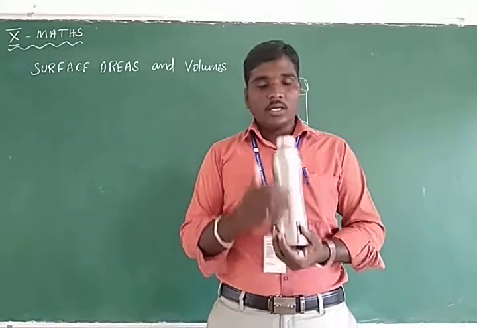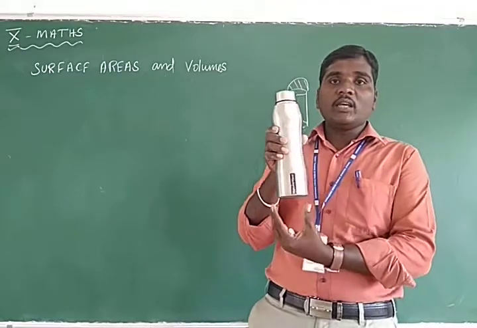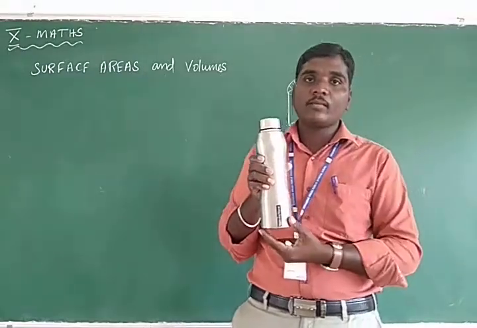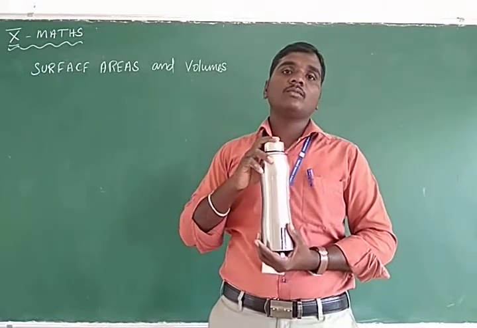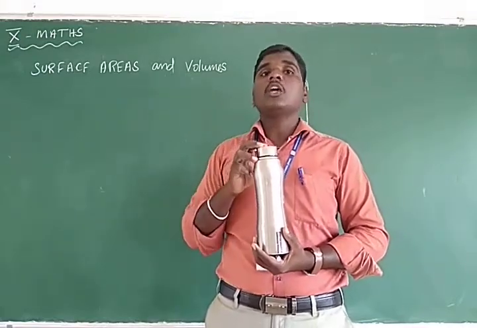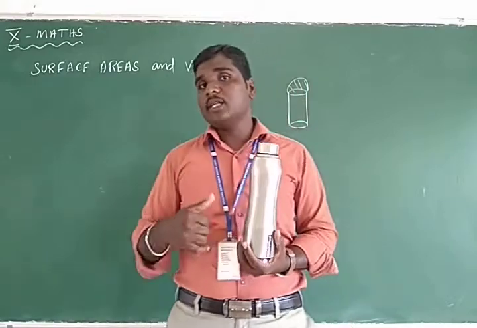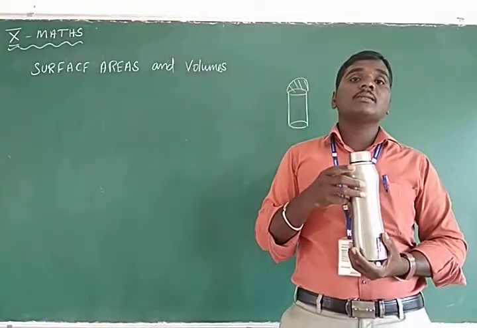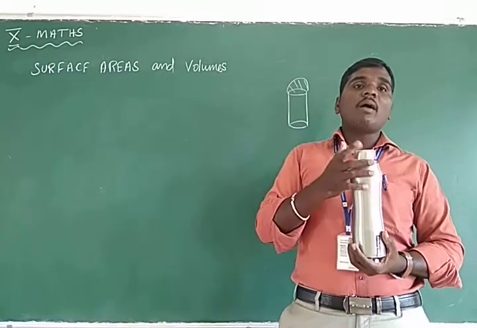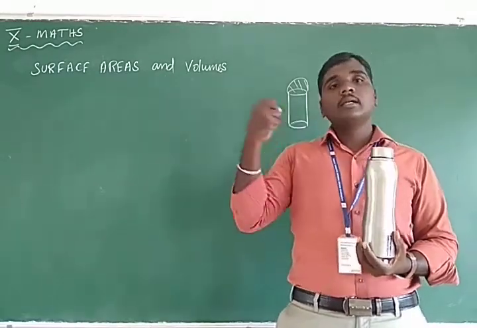Can you understand? I will take some water from this bottle, and the remaining water we want to find. So from the total water we want to subtract the amount taken out.